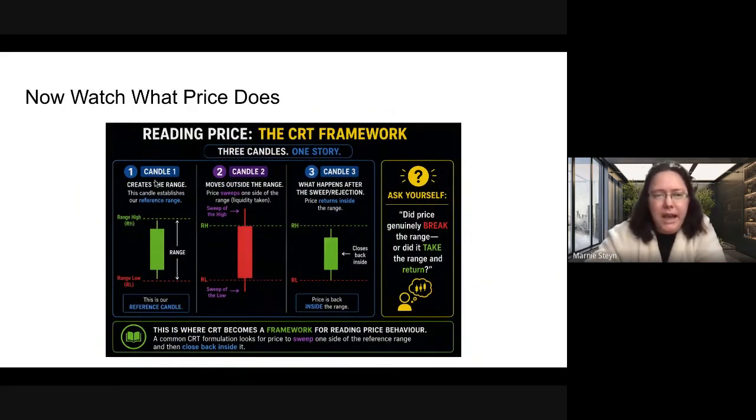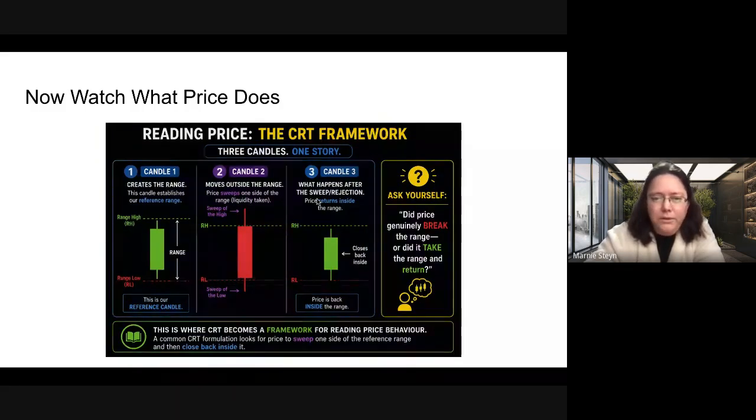So now you have candle one, which is the parent candle. It creates the range. This candle establishes our reference range, the high and the low. Now we look at candle number two. This moves outside of the range. Price sweeps one side of the range, so it takes out the range either towards the upper or the lower side. It sweeps the high or sweeps the low and closes back into that range.